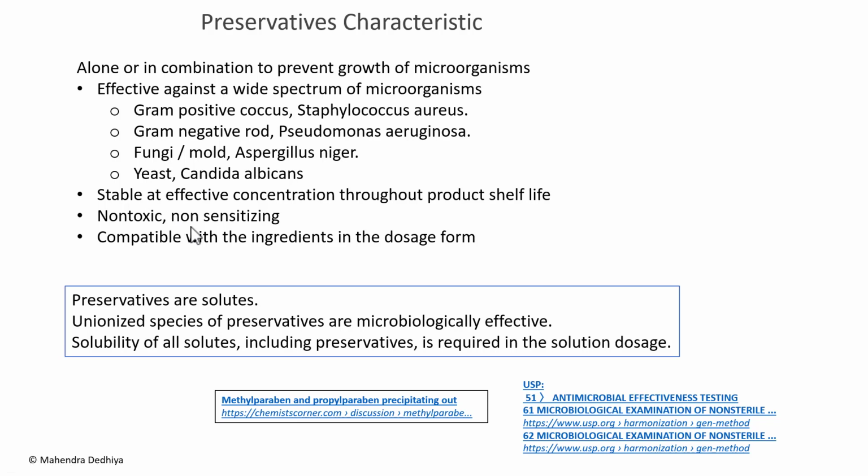Preservative needs to be compatible with ingredients used in the dosage form, so they do not convert into forms where they would not be effective. Preservatives are solutes. That is, solubility of all solutes, including preservative, is required to prepare a solution dosage form. In addition to that, pH should be such that the unionized species of preservative is present.